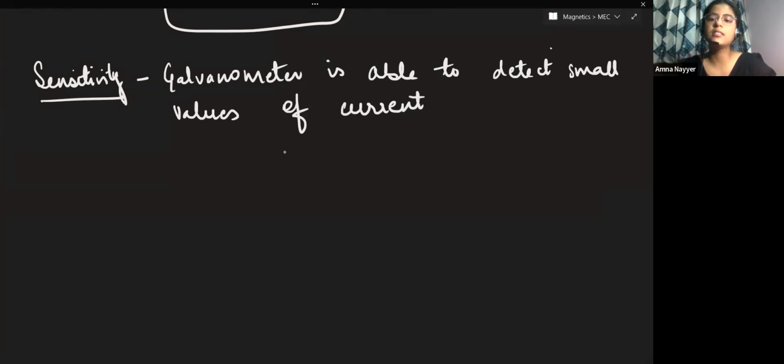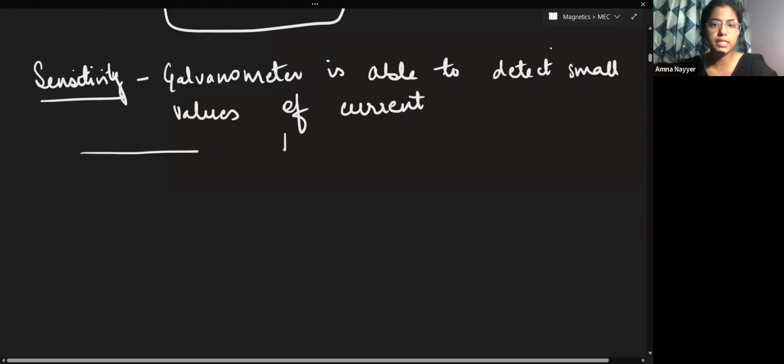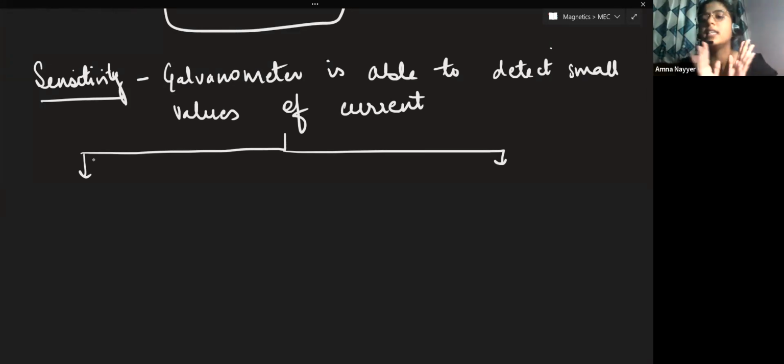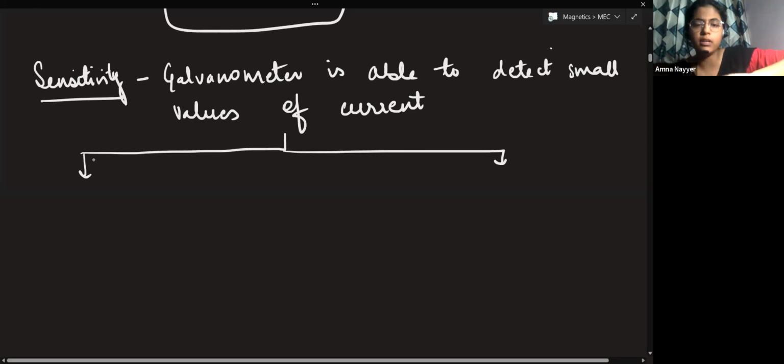Now we can classify sensitivity into two types, and this is a very small topic. If it comes in your exam, the question will definitely go the easy way, because the questions are not tough from the sensitivity section. Till now, whatever we do till sensitivity, direct questions come. Anything that can differ will be in the next part that we'll cover.